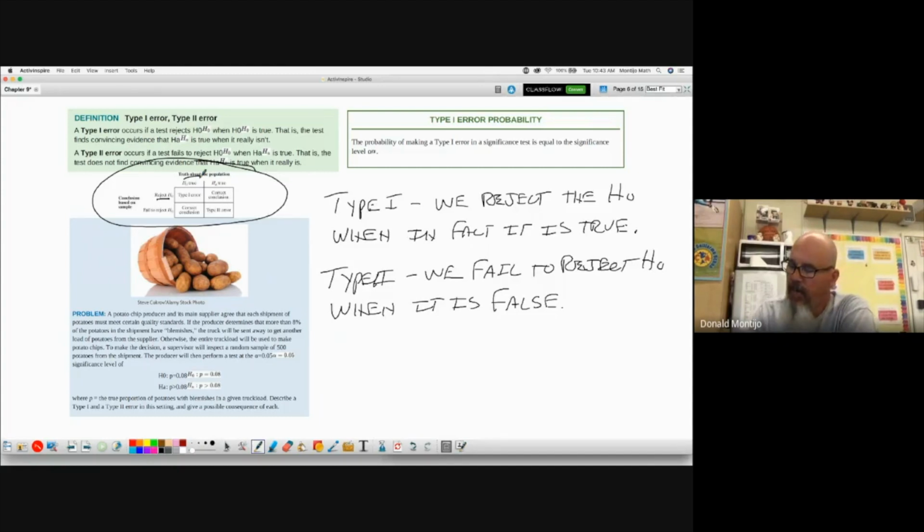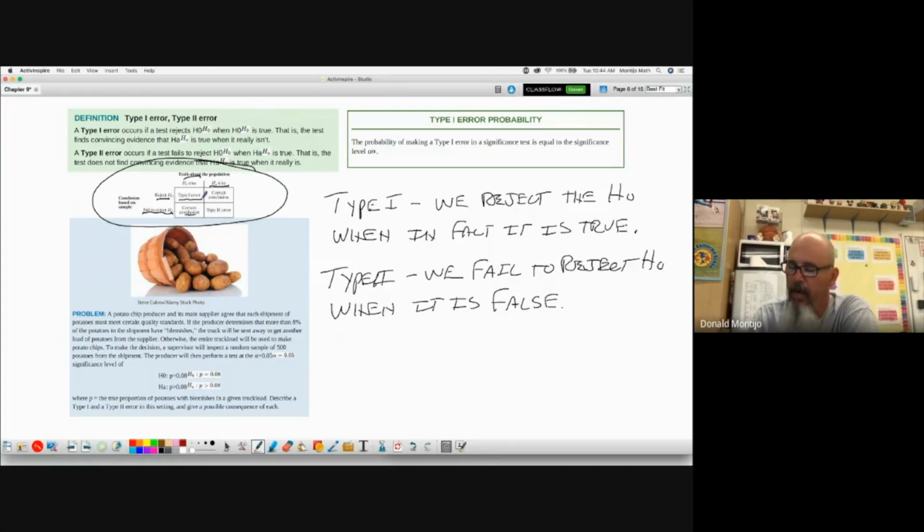Well, a type 2 error, we fail to reject the null when the alternative is true or when the null is false. So if the truth is that the null is true and we fail to reject it, then we've made the correct conclusion. If the truth is the null is true and we reject it, well, we were wrong.